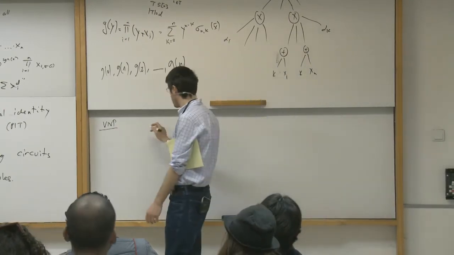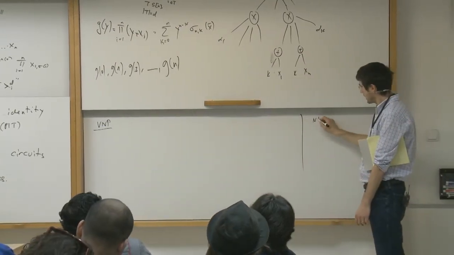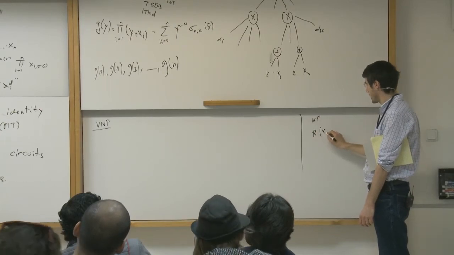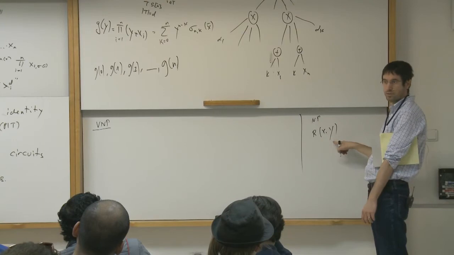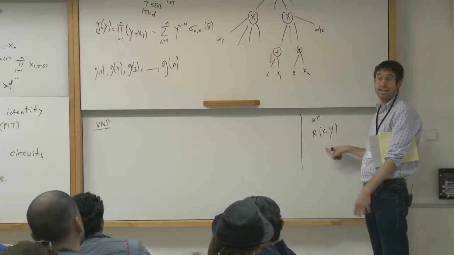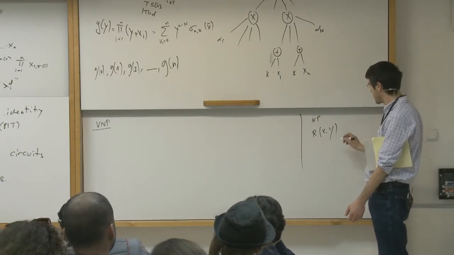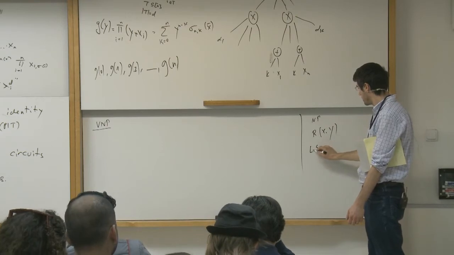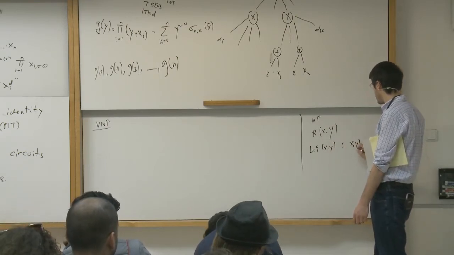You have a relation xy, so that when given x and y, you can decide in P whether x and y satisfy the relation or not. Let's say you have a language L, which is all the pairs xy such that xy is in the relation.